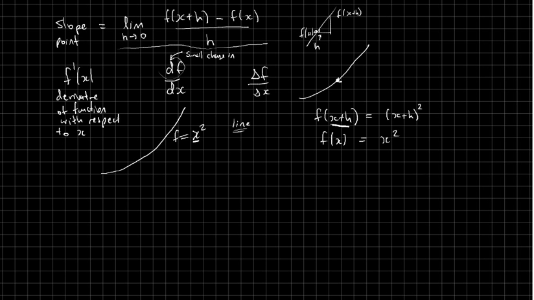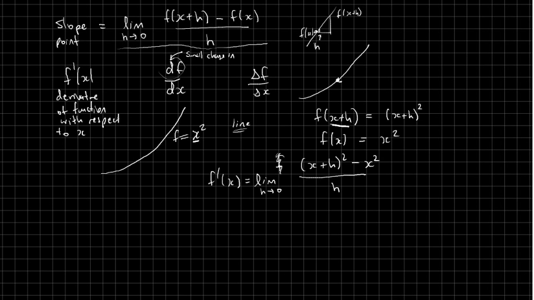And that's going to be divided by h. So we're going to have x plus h squared minus x squared, and that's all going to be over h as the limit of h goes to 0. And this is going to be our f dash of x.